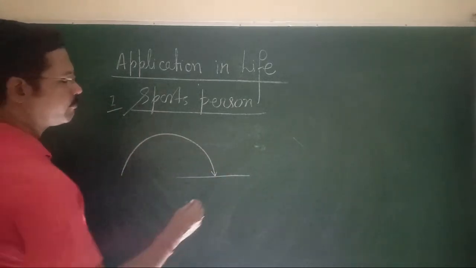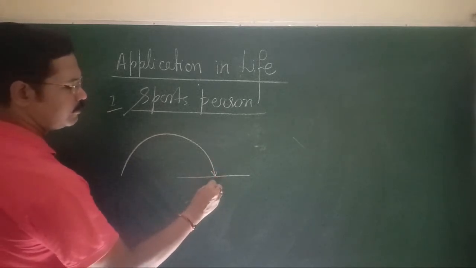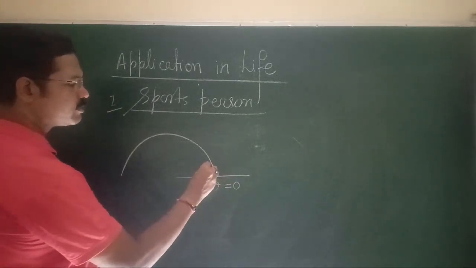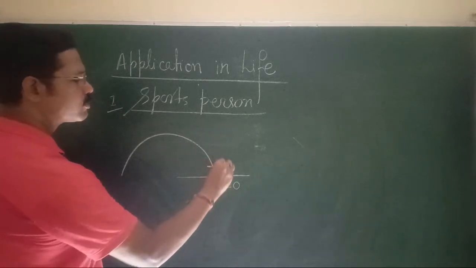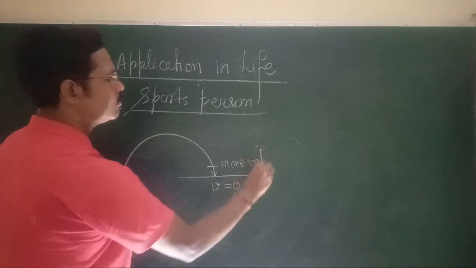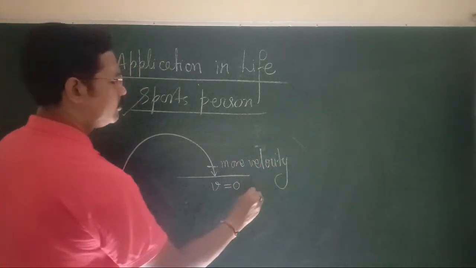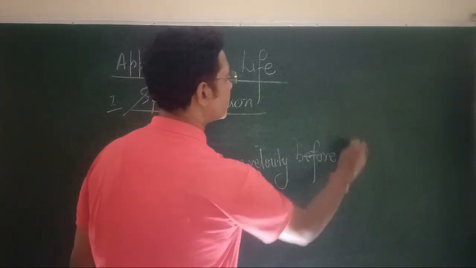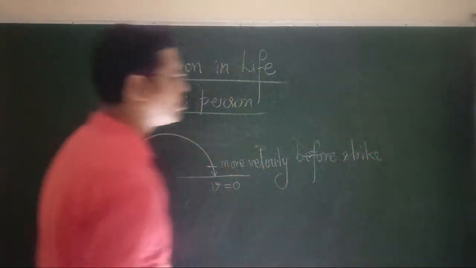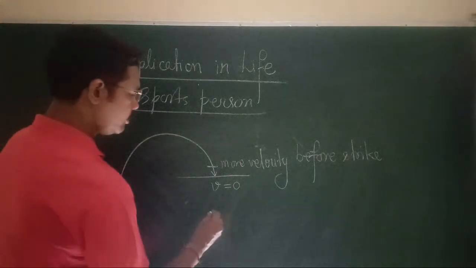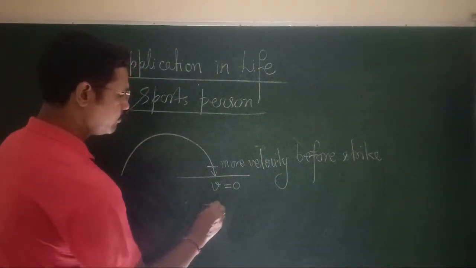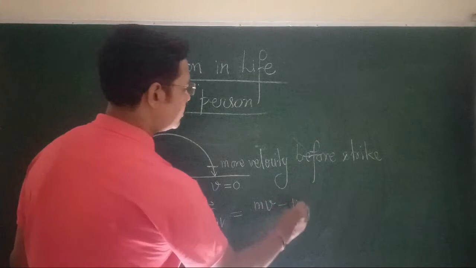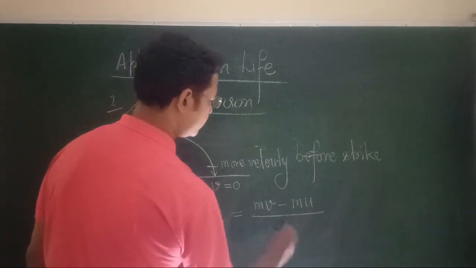So what happens when he comes here? Final velocity becomes what? 0. But before the striking on the ground, there is more velocity. So I write here that impulsive force, average force, is mv minus mu upon total time.